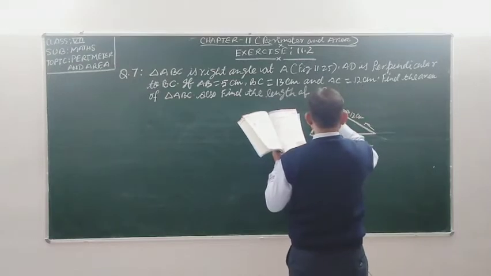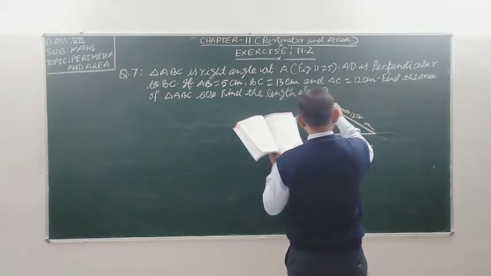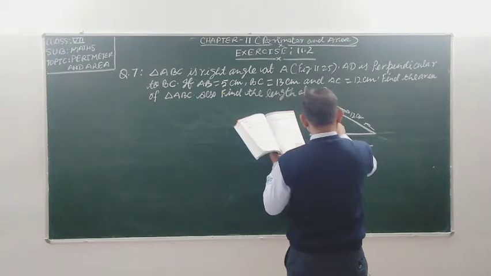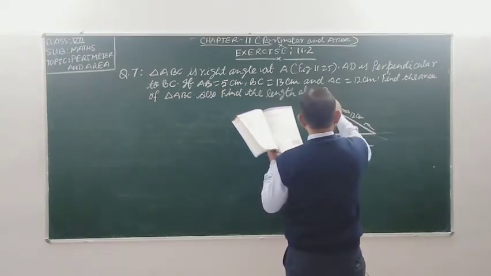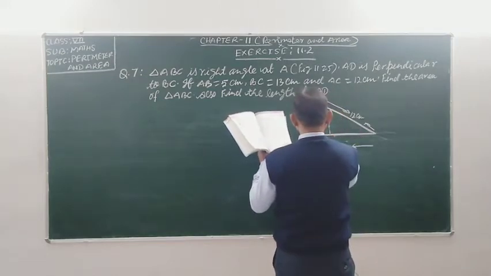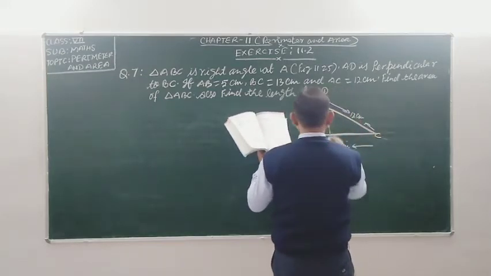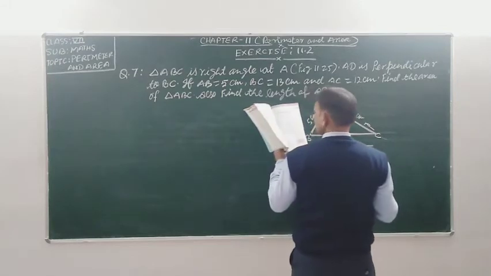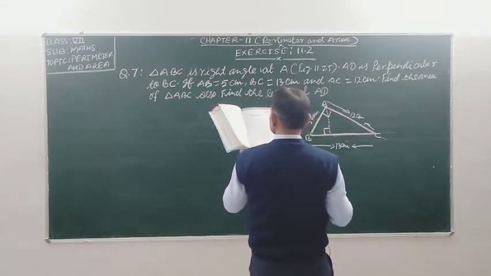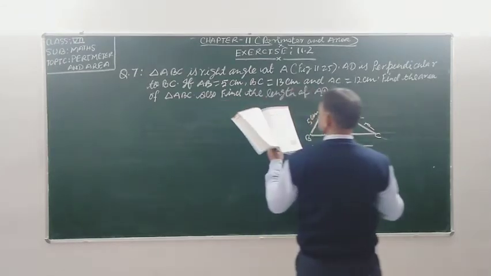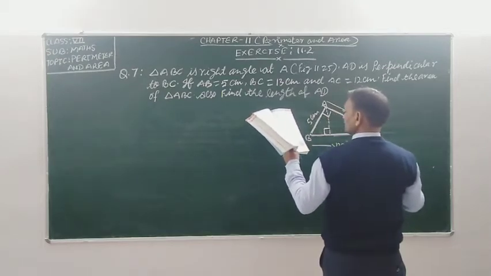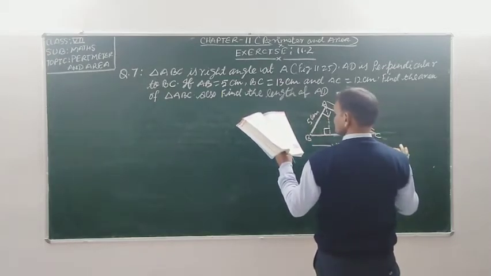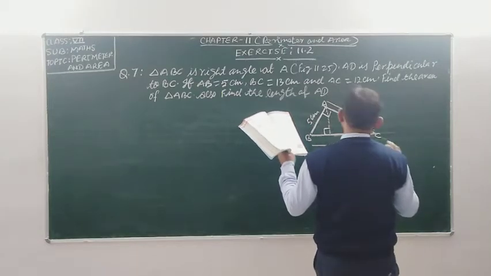This angle is a right angle, so it is a right angle triangle. And this is the perpendicular line drawn from the vertex A to BC. This is the perpendicular line, so this angle will be a right angle. The second figure is the figure of question number 8.